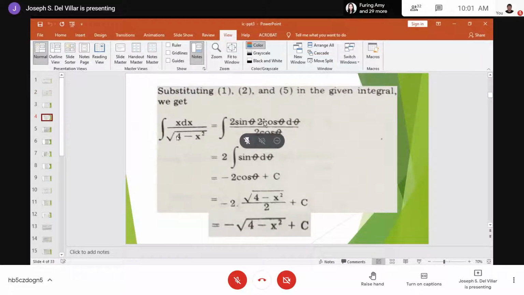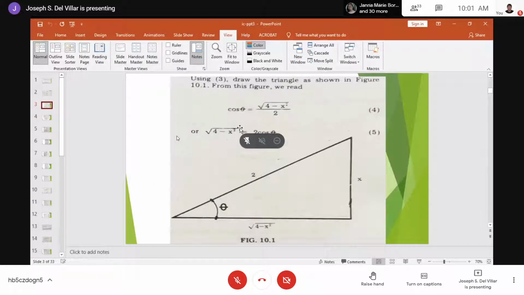So 2 sine theta times 2 cosine theta d theta, this is the differential in x, divided by the square root of 4 minus x squared. But what is the square root of 4 minus x squared? That is equal to 2 cosine theta, derived from the right triangle.